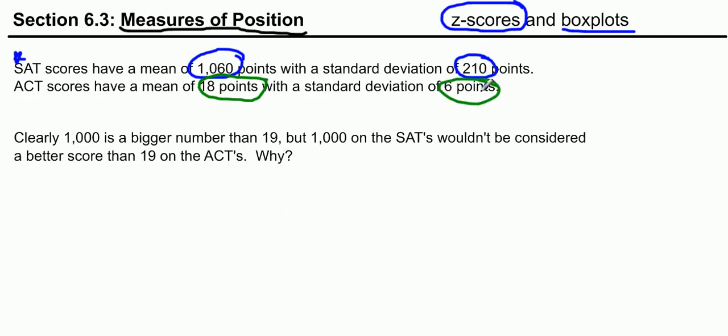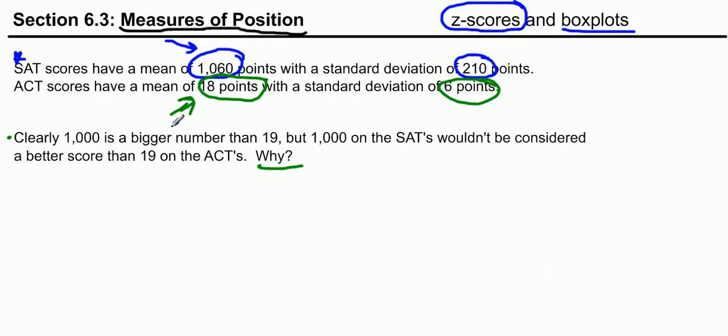Okay. Now, this sentence down here, right, 1,000 is a lot bigger than 19. But 1,000 on the SATs wouldn't really be considered a better score than 19 on the ACTs, would it? And now the question is, why is that the case? We're looking at SAT scores where the average is 1,060 and the standard deviation is 210 versus ACT scores where the average is 18.